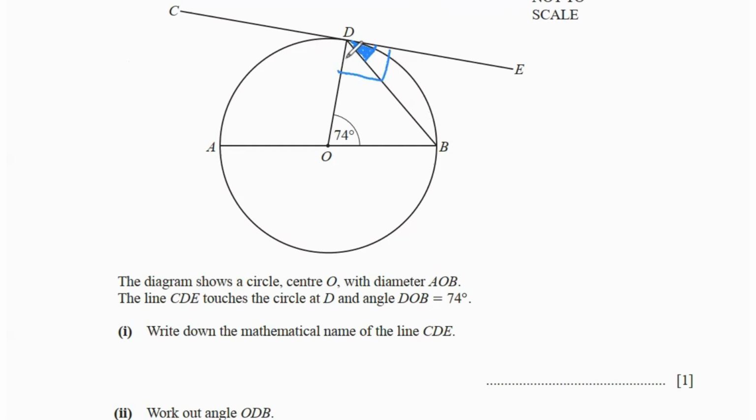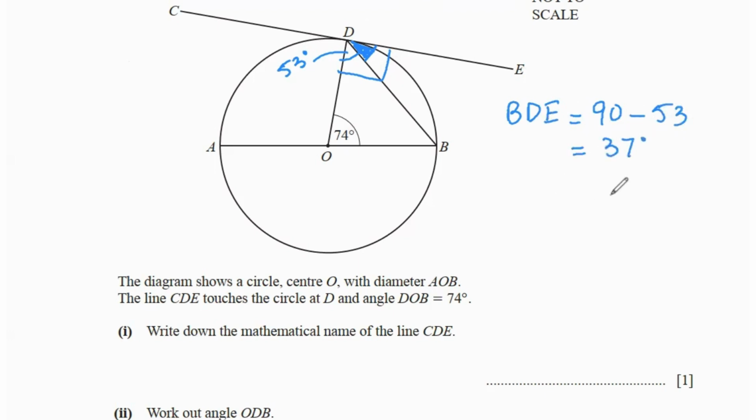So if we already know this angle, which is 53, and we know that angle ODE is 90, BDE is going to be 90 minus 53, which is basically 37.